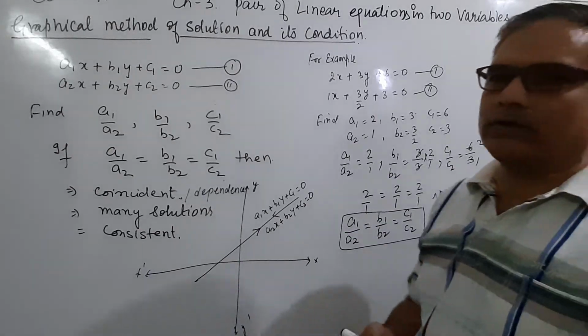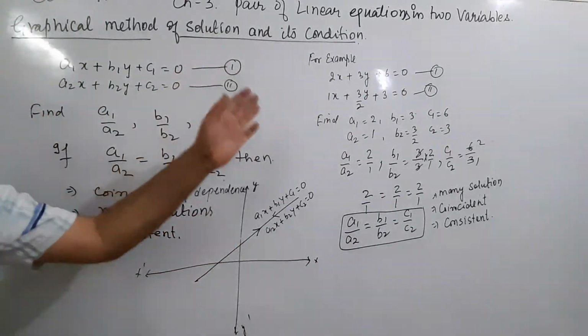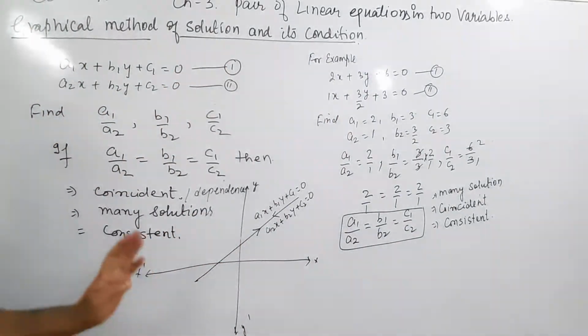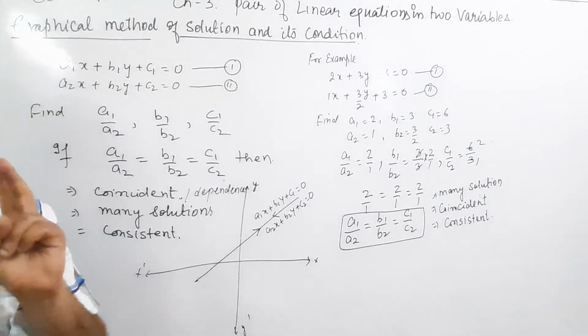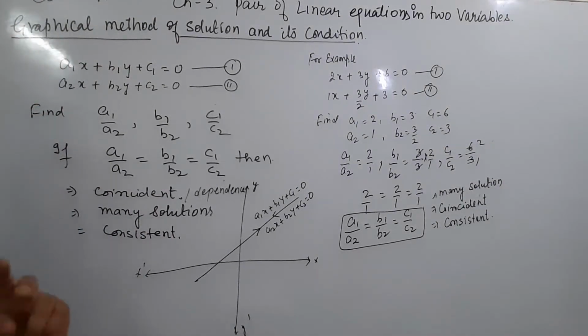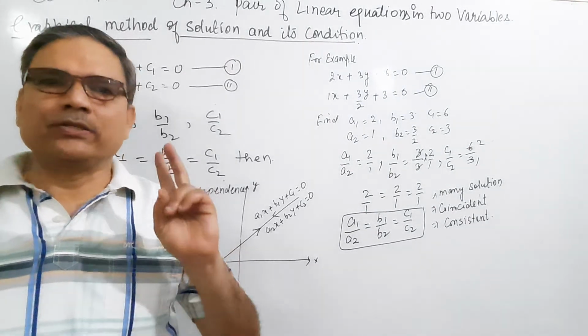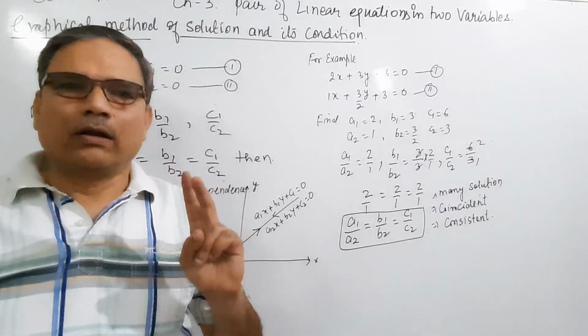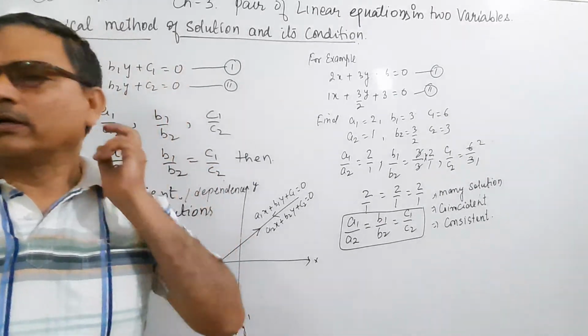These are the three graphical solutions and the conditions. First, when the ratio of the coefficient of x is not equal to the ratio of the coefficient of y, meaning a1 upon a2 is not equal to b1 upon b2, it means a unique solution, lines will intersect, and consistent.